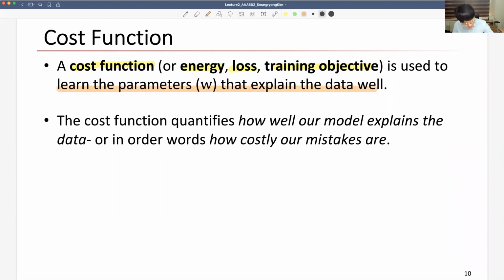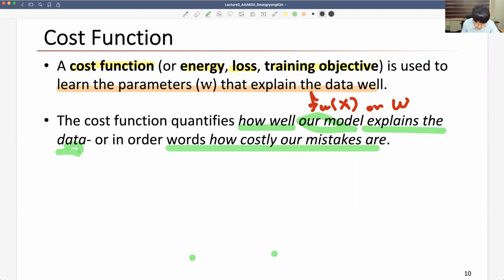This cost function quantifies how well our model, for example f_W(x), or actually just the parameter W, because just the parameter W determines the mapping function, right? So the cost function quantifies how well our model explains the data, or in other words, how costly our mistakes are.